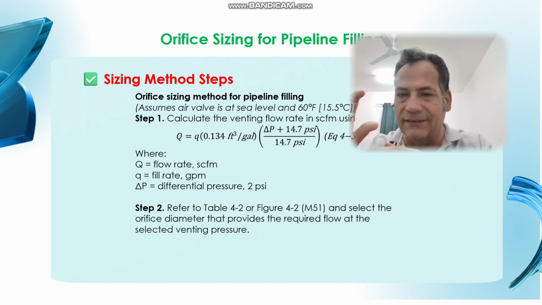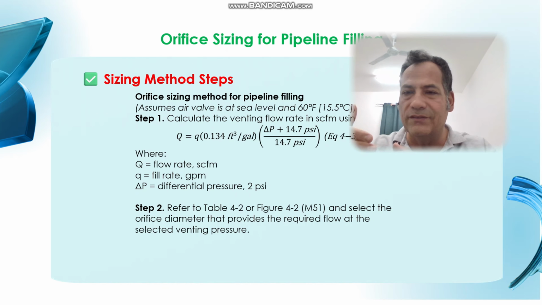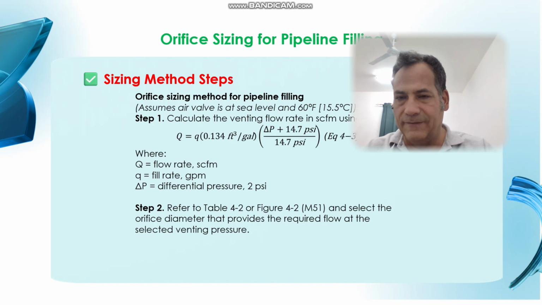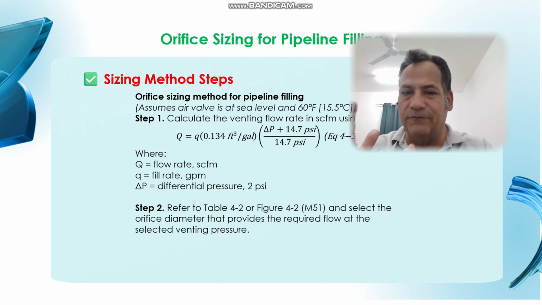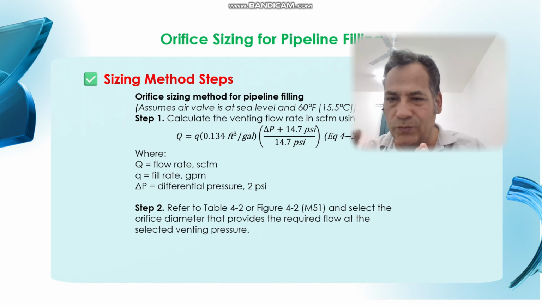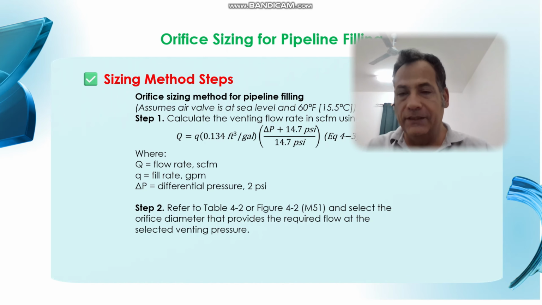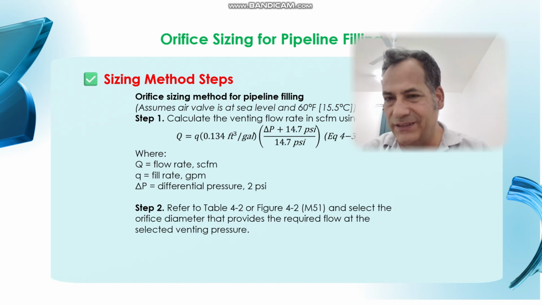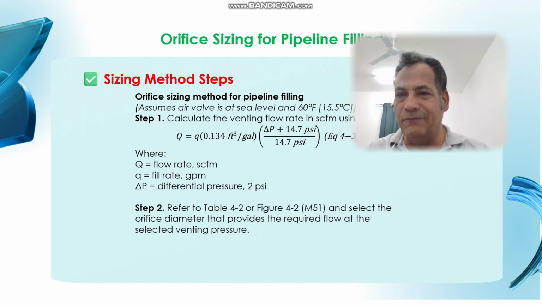The outlet is where the air goes out from the orifice. If the differential pressure between inlet and outlet is 2 psi, it is the standard, and if it is 5 psi, as I told, it is a slow closing valve, and if it is 28 psi, we have sonic flow, and at that time if you increase the pressure, the flow rate will not change at all.